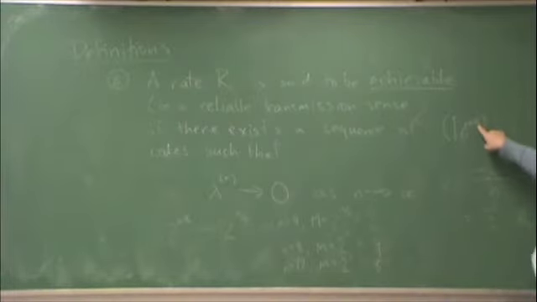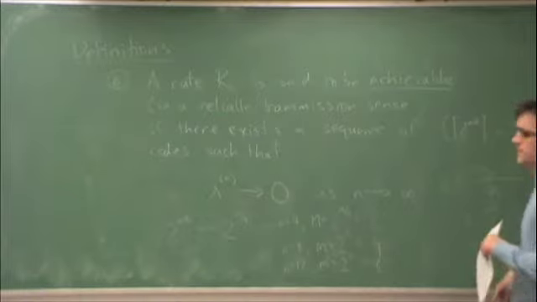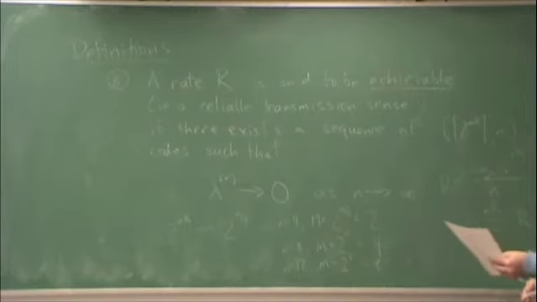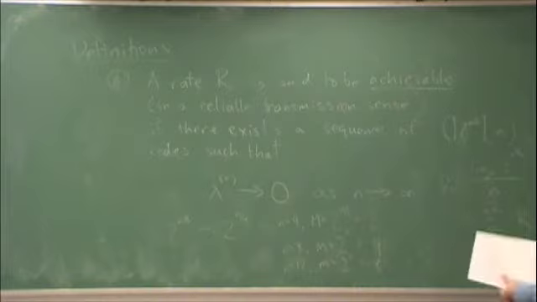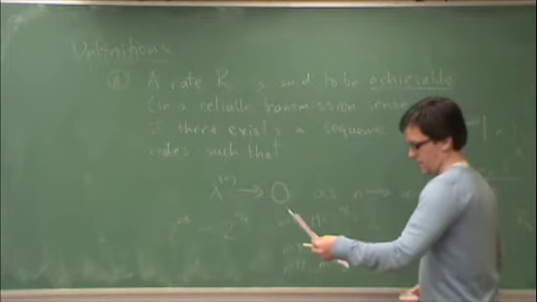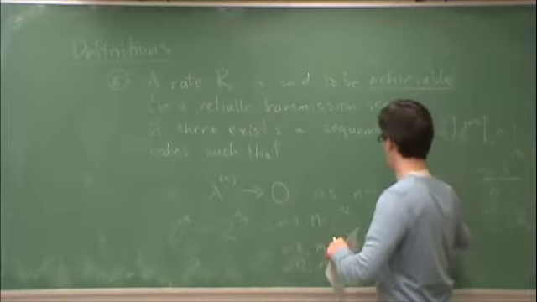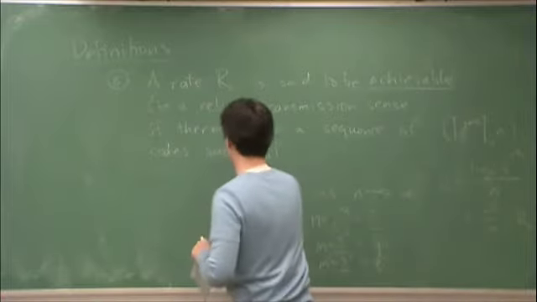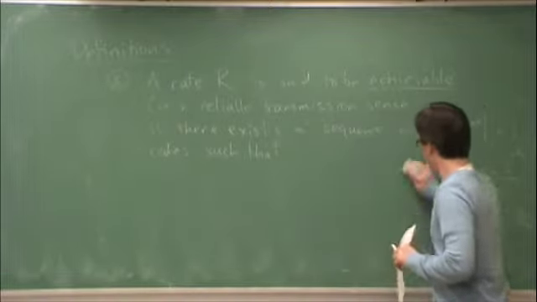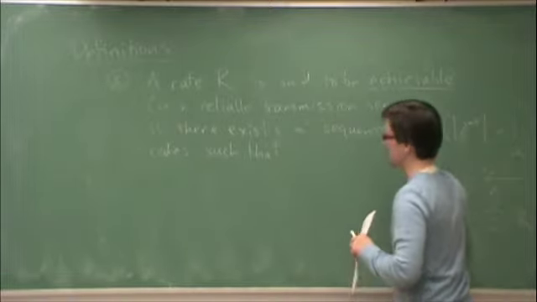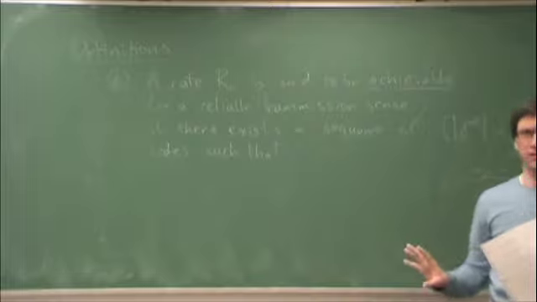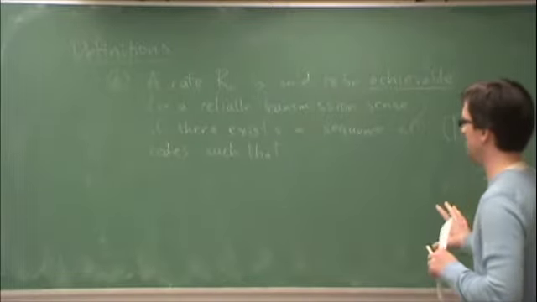So if I have a rate of R and N as my number of channel uses, then my number of messages must be 2 to the NR. So basically by a sequence of codes, we're going to see more what that means later.